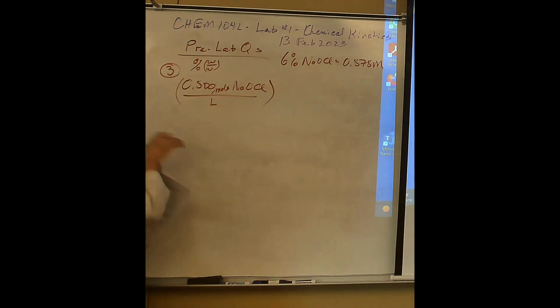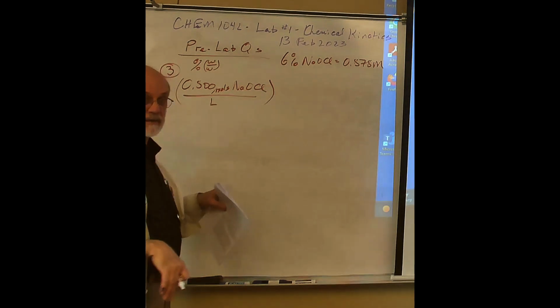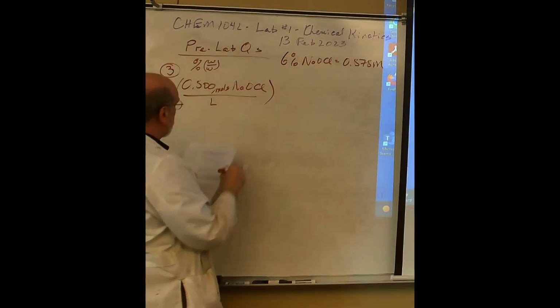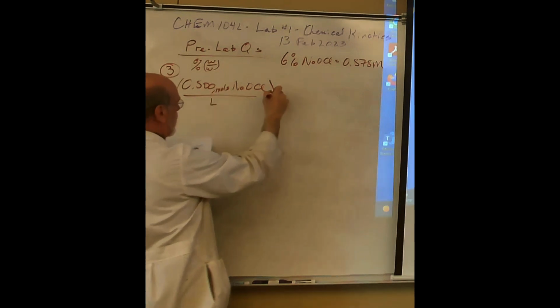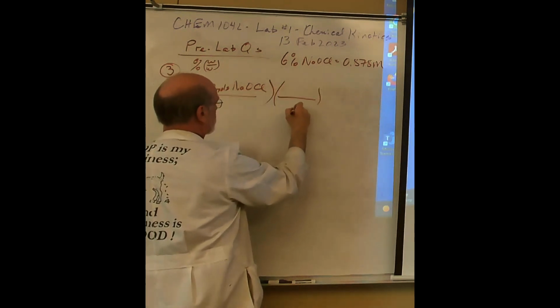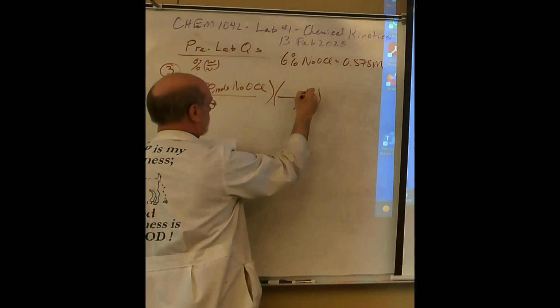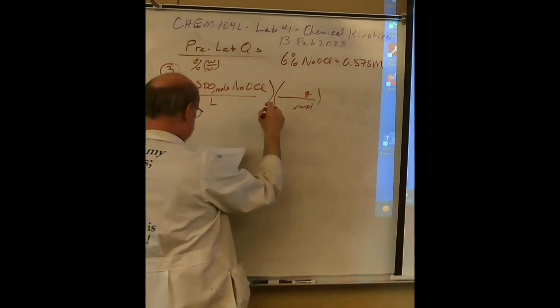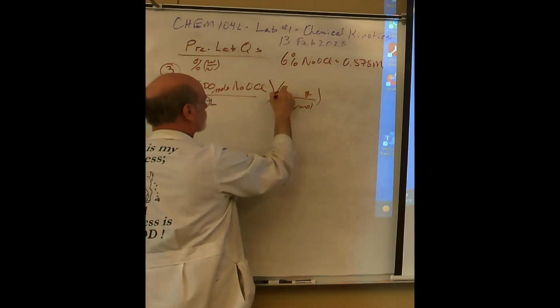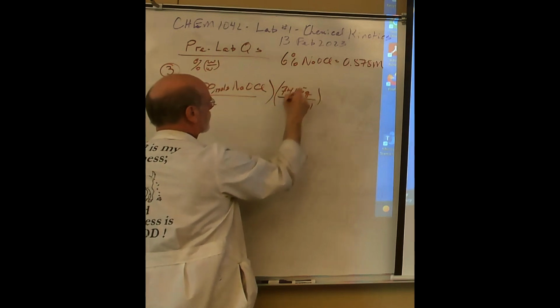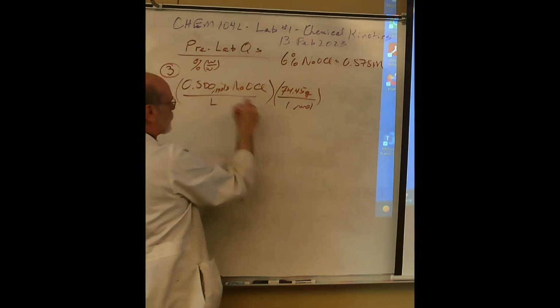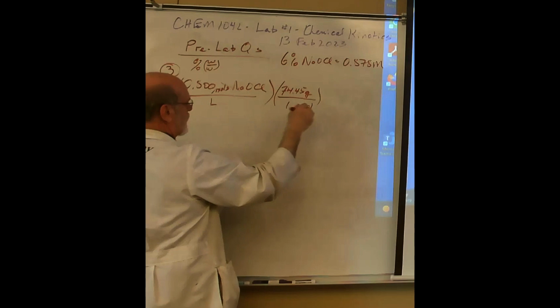So in order to do that, we work backwards from problem number one. How do we change moles to grams? Well, we need our conversion factor in grams, 74.45 here. That gets rid of moles, leaves us with grams of sodium hypochlorite.